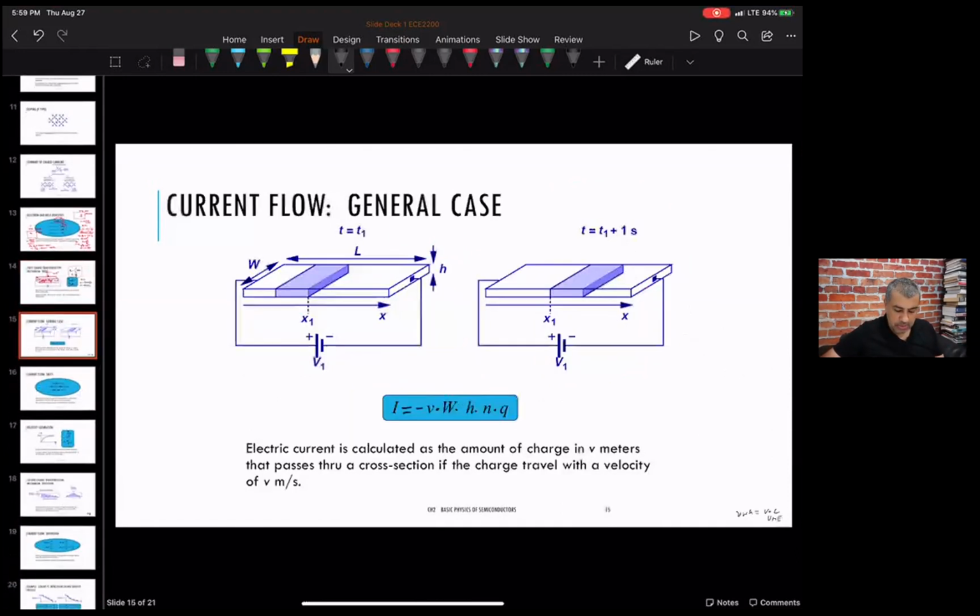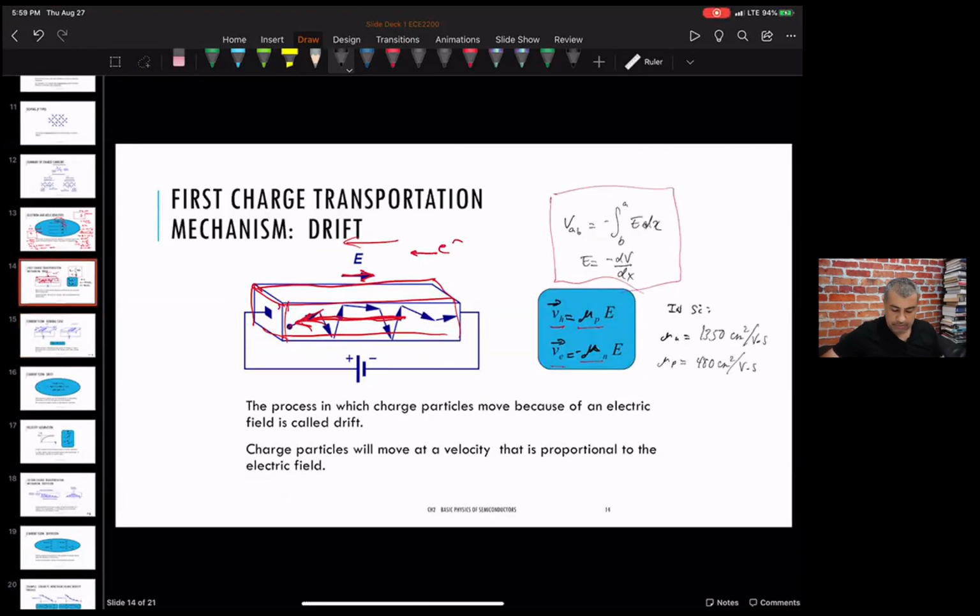A picture is worth 1,000 words. So let's now look at this case where these carriers are moving through with the electric field. Now we want to figure out, well, what is the current here?